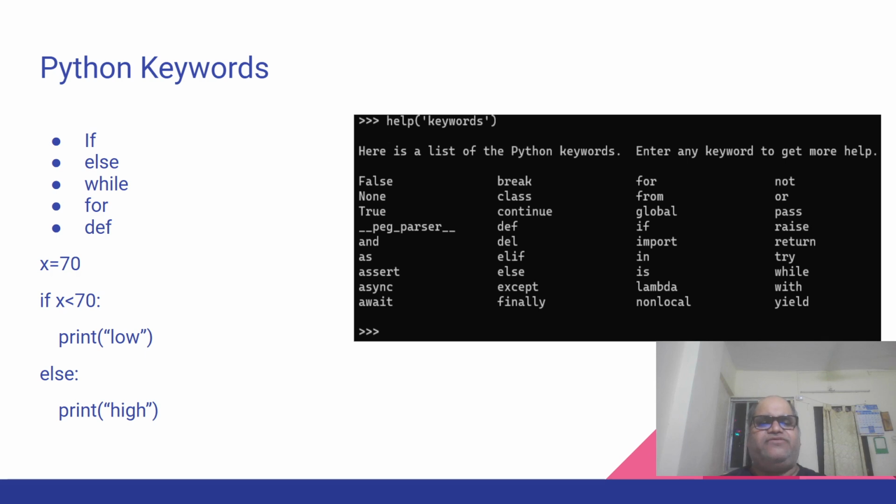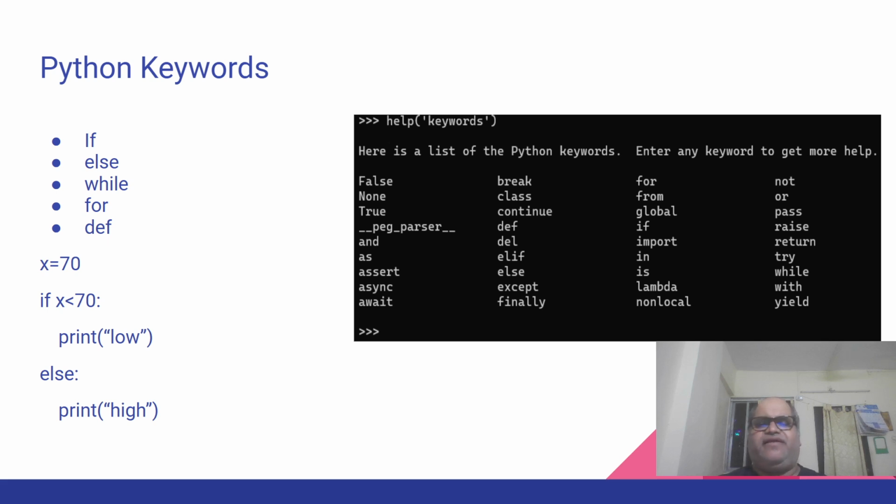False and True are boolean values that correspond to 0 and 1, and you can't use False and True as names. None is kind of like null in other languages. And then you can see some related with and, as, assert, async, await. So this list will not be allowed while writing your program.